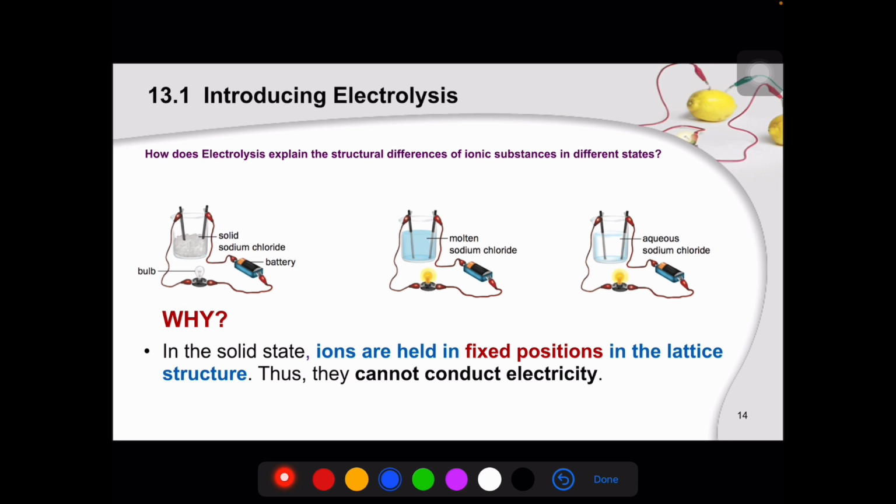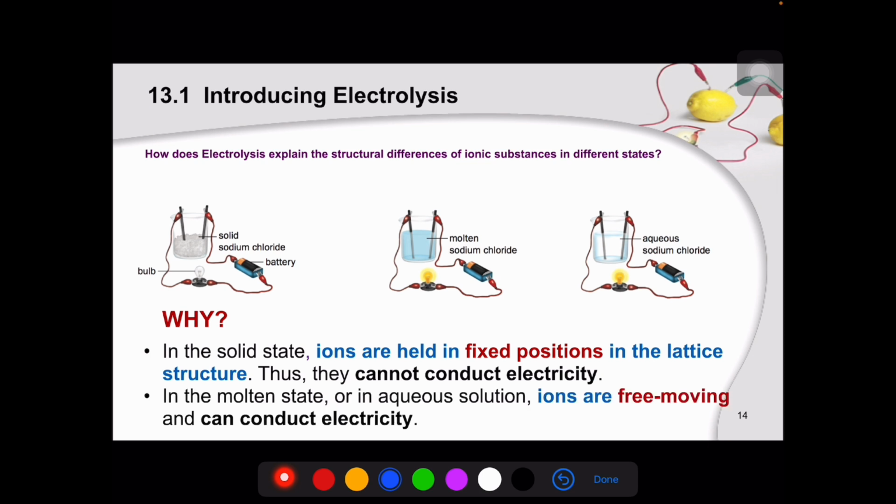You can't carry charge. You can't conduct electricity. Once you're in the molten state or in the aqueous state, you now have free moving ions. That's where you can conduct electricity. So I think this is something to be written down within your notes as you compare the solid, liquid, as well as aqueous ionic compounds. This is just a recap of your Sec 3 concept.